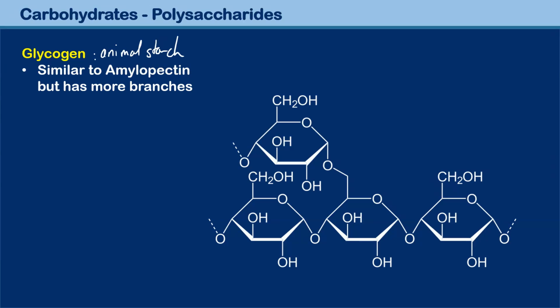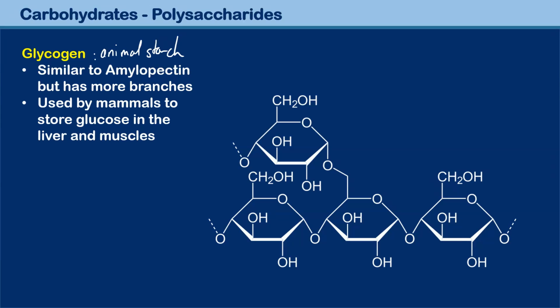This is the way that animals, like human beings, like mammals, store glucose in the liver and the muscles. The advantage of glycogen is that it's insoluble in water and therefore storable, and it does not influence the osmotic balance of cells. So glycogen is very similar to starch.